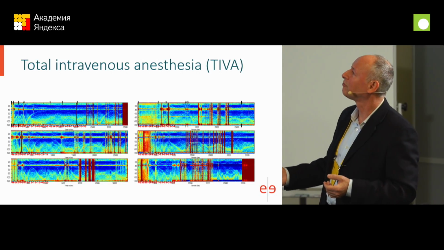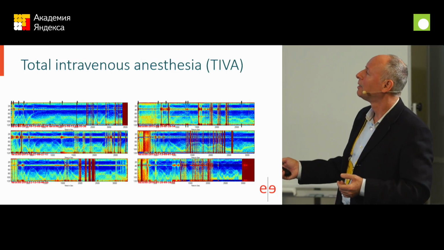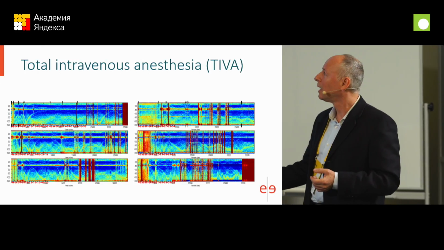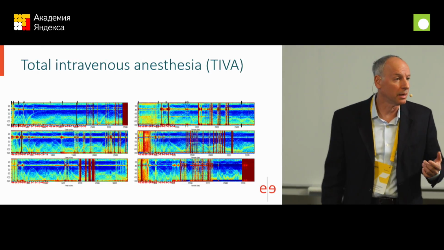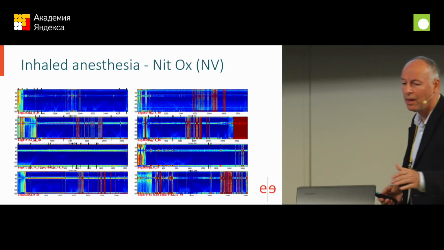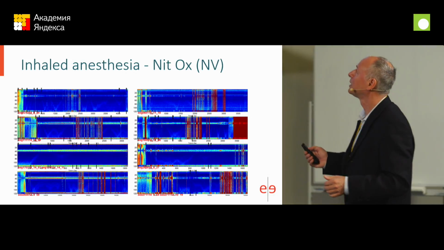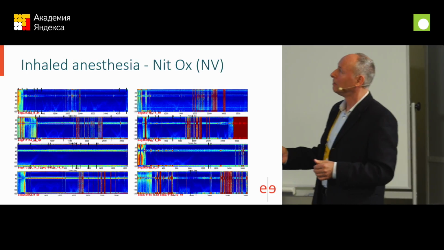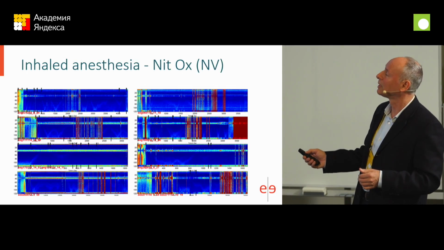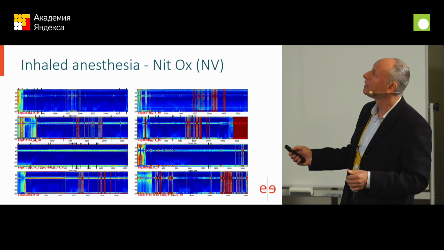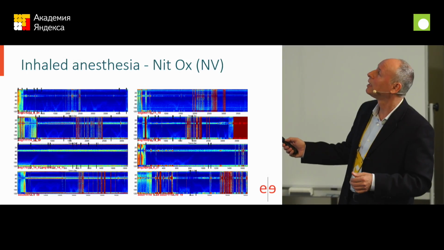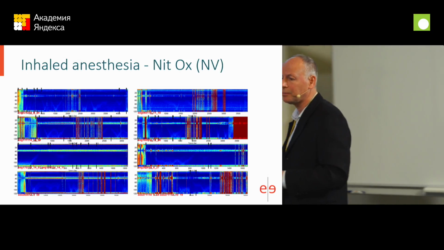IV anesthesia, if you look, closes the cognitive area, keeps the executive area on, and keeps the emotional area active, if we go to what we saw before. It turns out that nitric oxide anesthesia closes the cognitive area, closes the emotional area, and sometimes keeps the executive, sometimes even closes it.